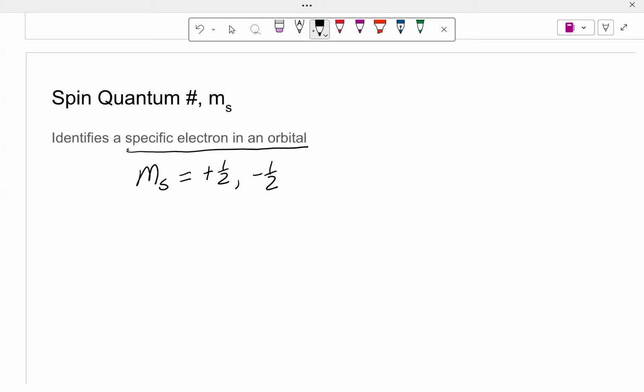It really doesn't relate to something like spinning around in a circle or spinning like a top. But what this alludes to is something important: only 2 electrons at most can be in a single orbital.